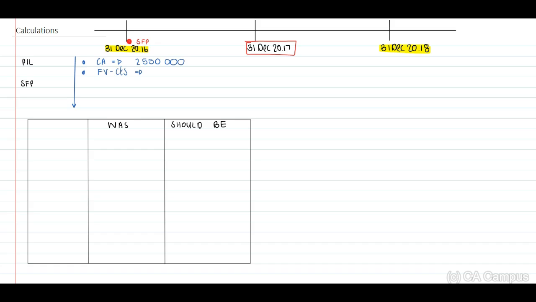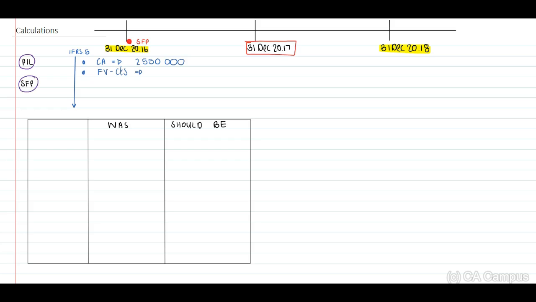Now, they've indicated to us on 31 December 20.16 the criteria was met for our IFRS 5 asset. Therefore, we need to recognize this at the lower of carrying amount or fair value less cost to sell. Now, when you look at the left side of your screen, you need to decide upfront, are you first going to focus on your profit or loss line items, or are you first going to focus on your statement of financial position line items?